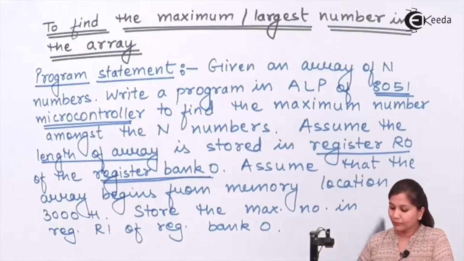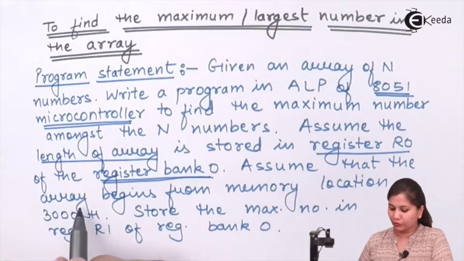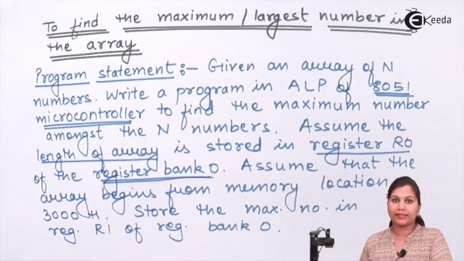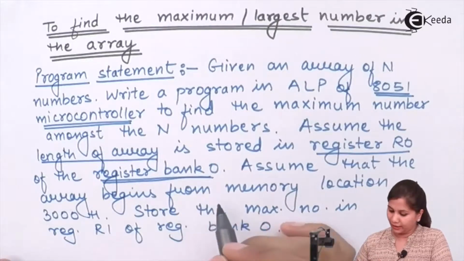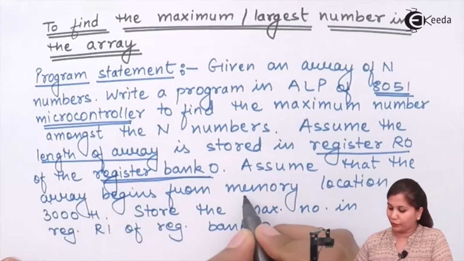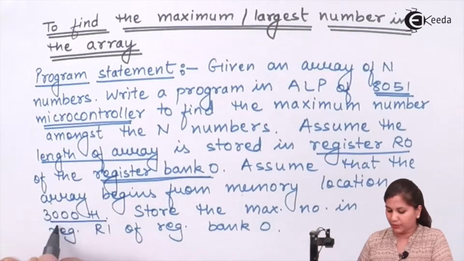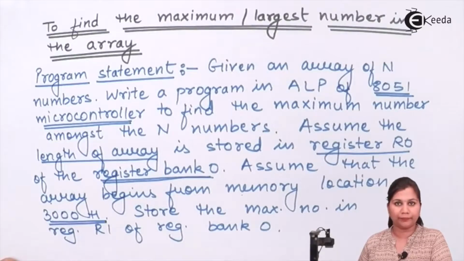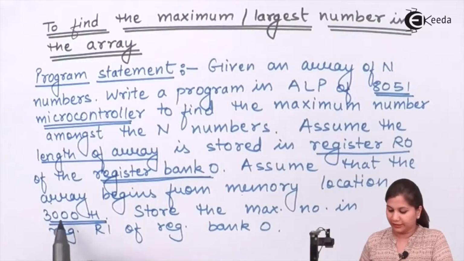Also, because the array is stored in the memory of the microcontroller, we have to assume the memory location from which it starts. The array begins from the memory location 3000H.